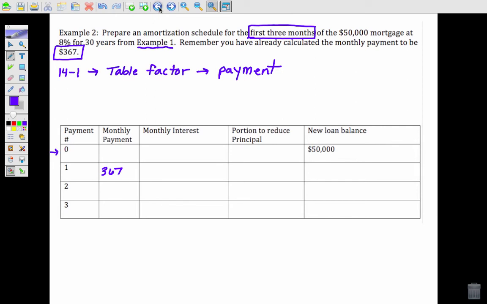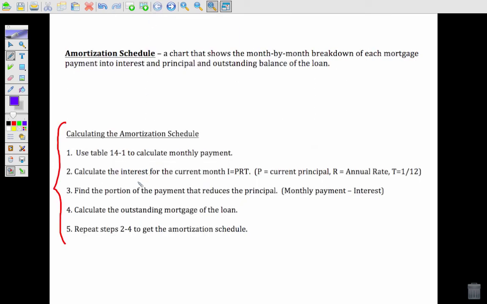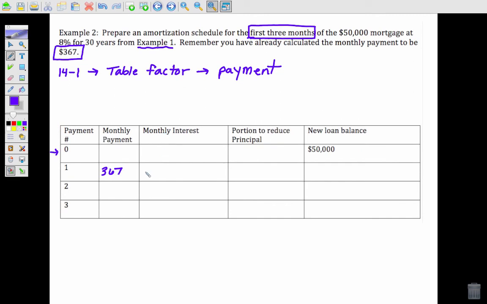In the steps that were provided, you can see that once you figure out your monthly payment, the next step is to calculate the interest for 1 month. It is simple interest. So we take our $50,000, multiply by our rate of 0.08, and multiply by our time for 1 month, which is 1/12. You do this each time. This gives us an amount of interest of $333.33. Your next step is to figure out how much of that payment went towards the principal.